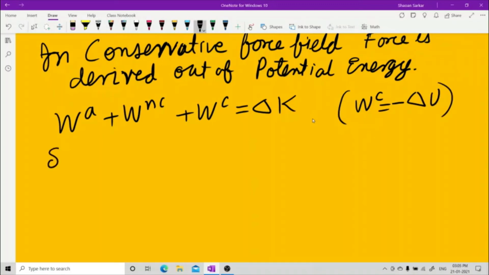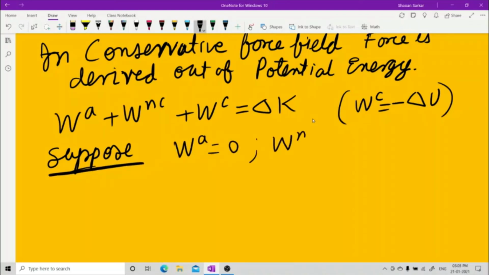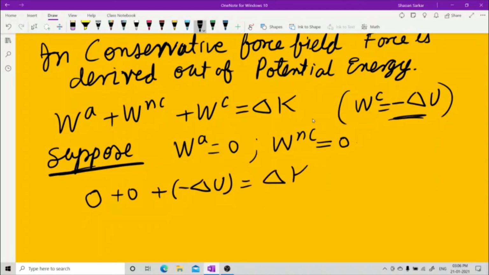Suppose, and this is a very, very important supposition, that work applied is 0 and work non-conservative is 0. Then this will become 0 plus 0, and you will use this expression, minus delta U, and this will be equal to delta K. So now this is minus delta U equal to delta K.